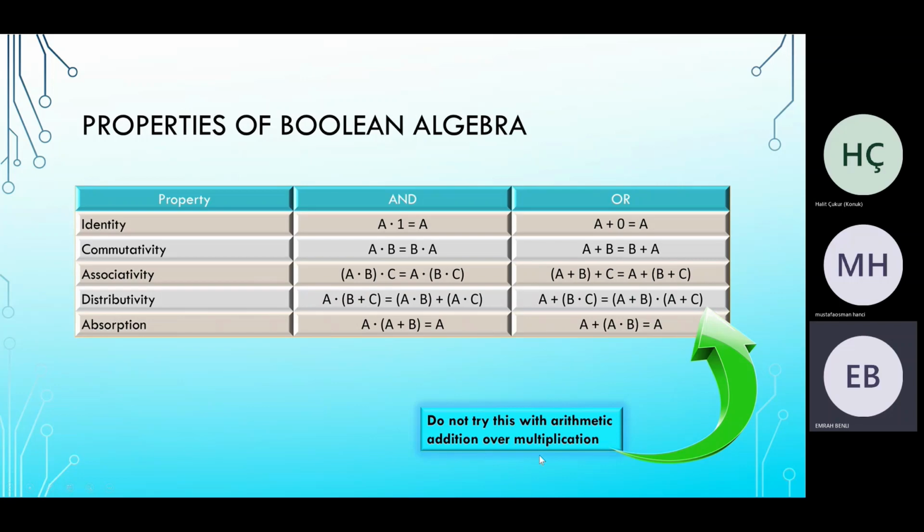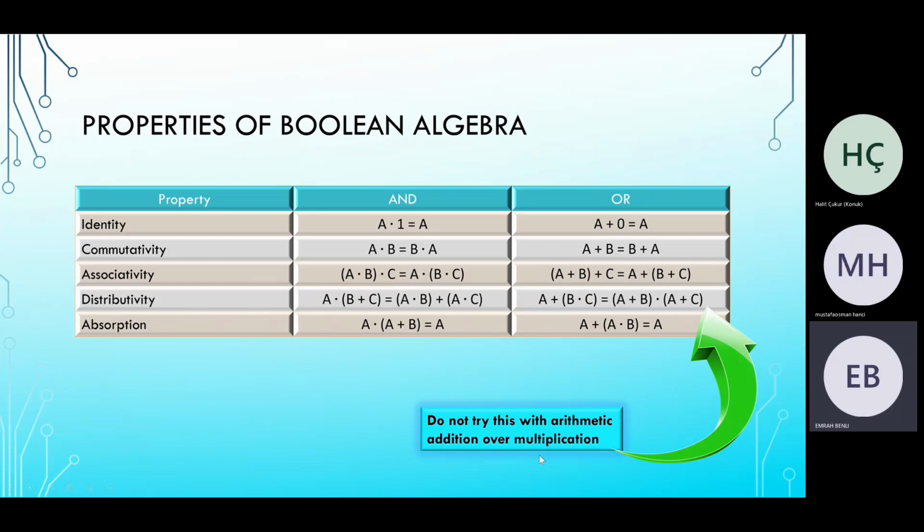So A and 1 will be A. Same here. Let's say A is 0 in this one. A is 0, and whatever we have in this parenthesis will be 0. We already said that A is 0, so it will be equal to A.